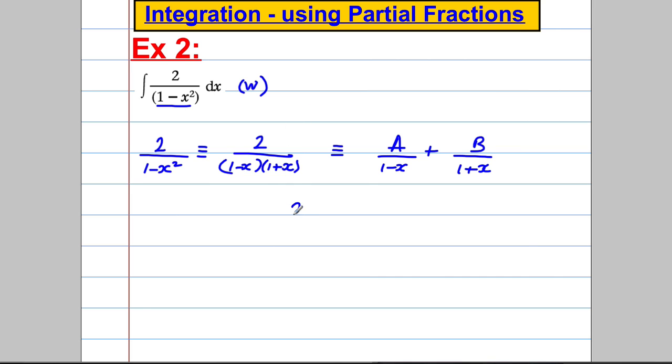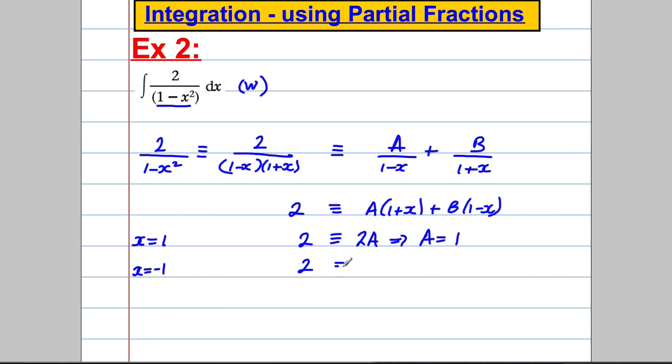So my next line would therefore be that 2 is the same thing as a times 1 plus x plus b times 1 subtract x. And if I let x be 1, then I would get that 2 is identical to 2a, so a must be equal to 1. And if I let x be, let's say, negative 1, then 2 must be identical to 2b, so therefore b is also equal to 1.